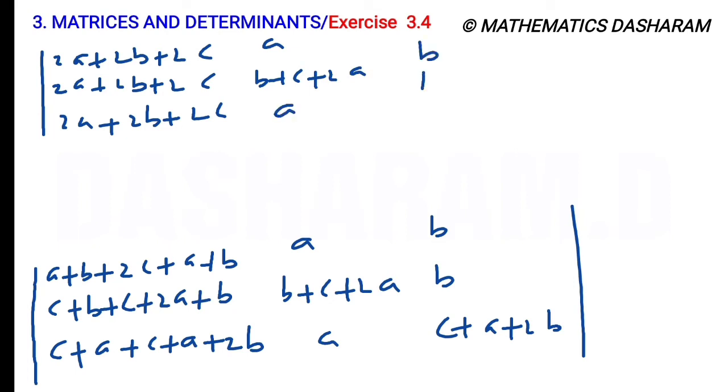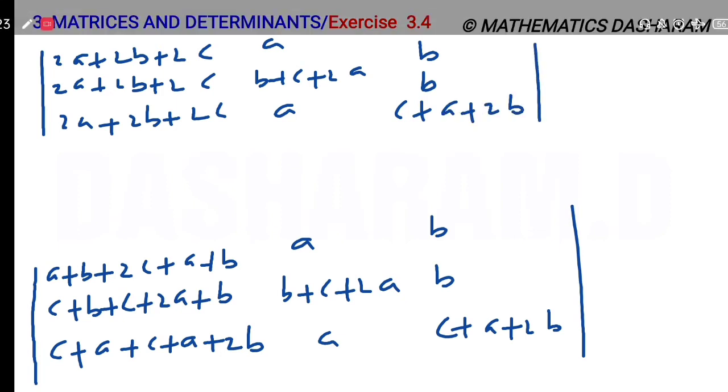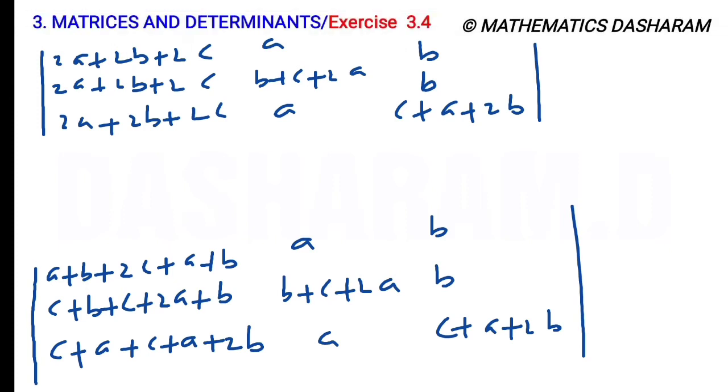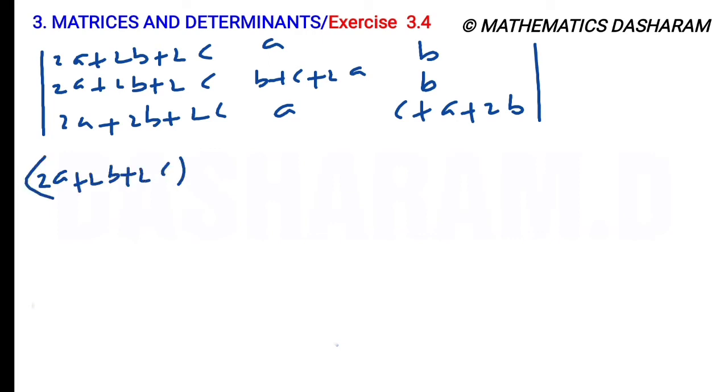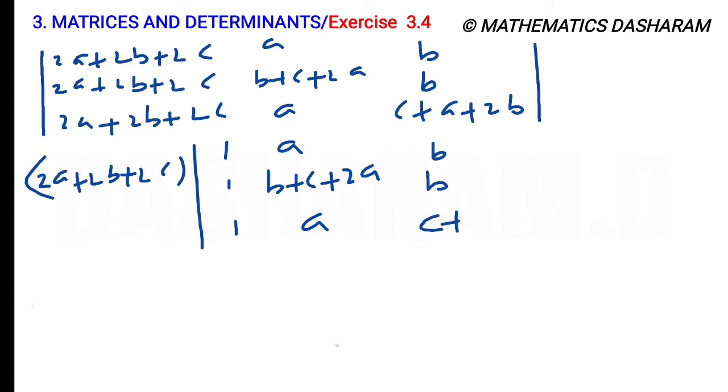So b, b, c plus a plus 2b. From the first column we can take 2a plus 2b plus 2c common. Then 1, 1, 1. So a, b plus c plus 2a, a. B, b, c plus a plus 2b.